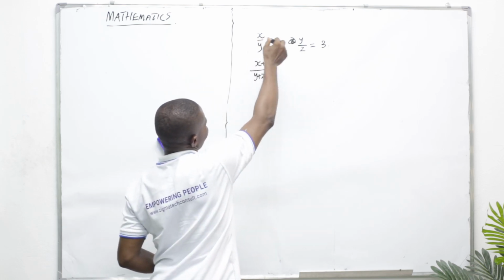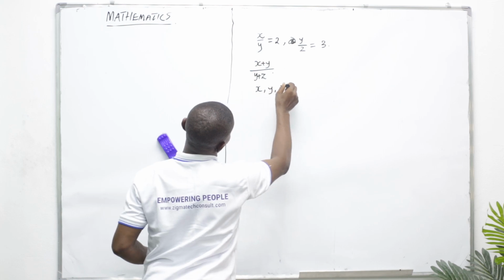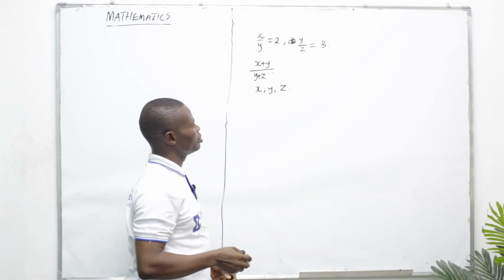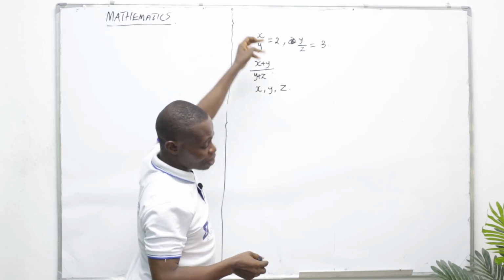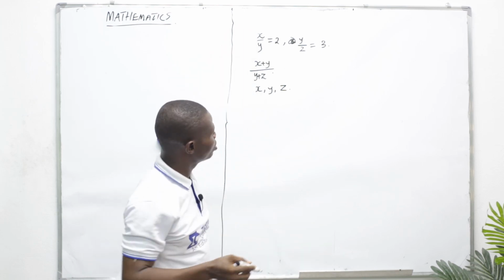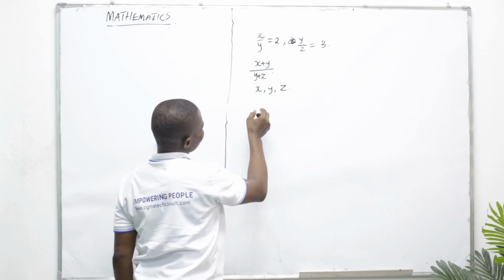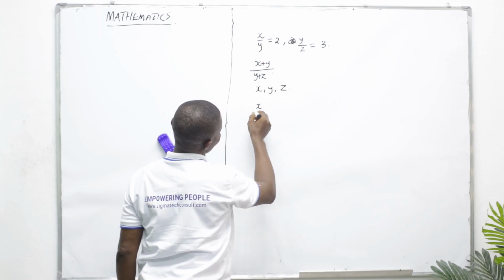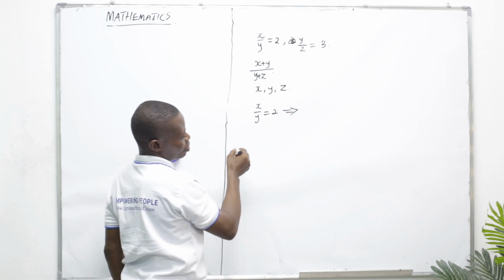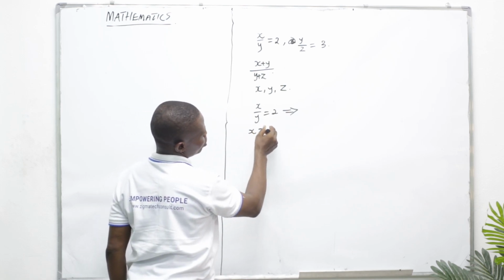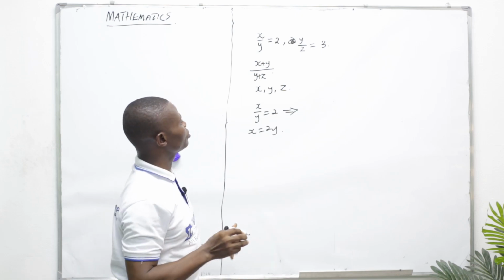How many different variables are here? You can see x, y, z. And if you can watch well, this is ratio. Since this is ratio, I may decide to say x all over y being equal to 2 implies x equals 2y. Okay? You keep it.